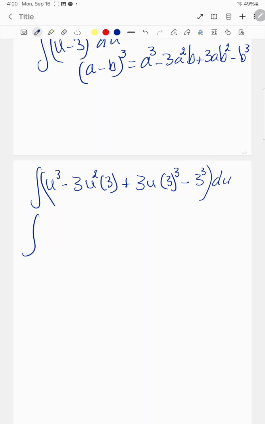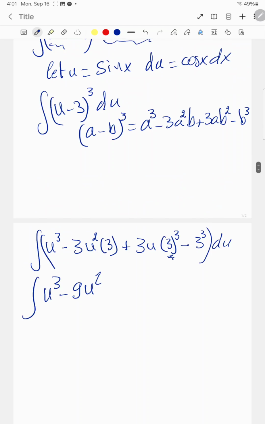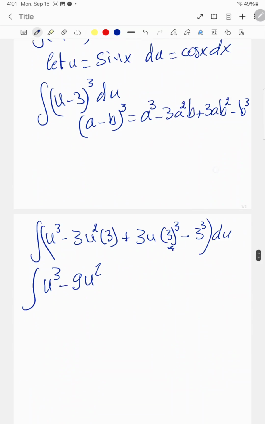So that integral becomes u^3 − 3 times 3 is 9u^2. And actually, I'm sorry, this is to the power of 2 here, not 3. So 3 squared is 9, times 3 is 27, plus 27u − 27, and all that is du.